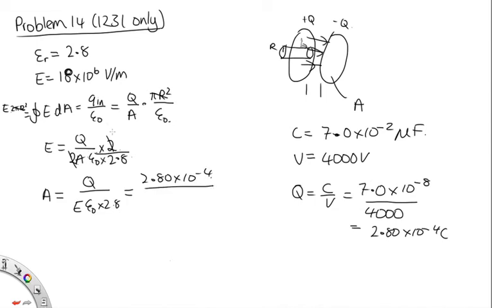Our electric field strength, our maximum, which will give us our minimum area, is 18 times 10 to the 6. Epsilon naught 8.85 times 10 to the minus 12. And then 2.8 is our dielectric constant. And so solving that on the calculator, we end up with 0.63 meters squared. So that's the minimum area for those plates.